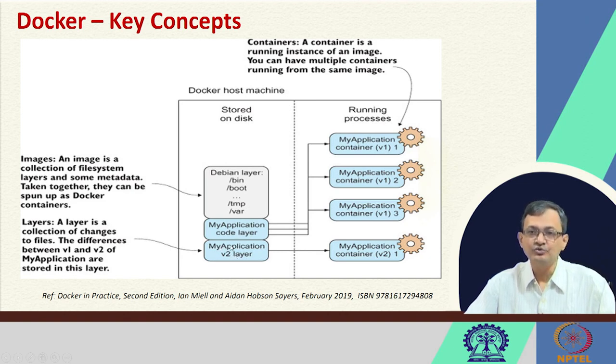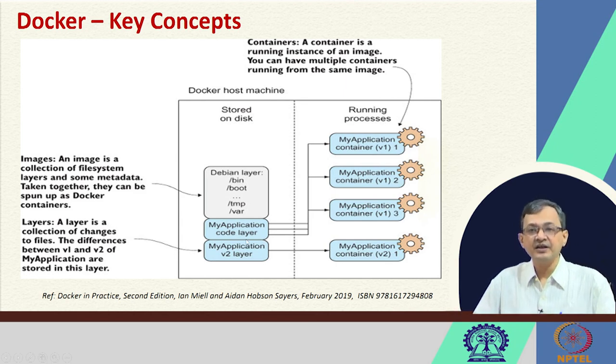An image is a collection of file system layers and some metadata. Taken together, they can be spun into a Docker container. A layer is a collection of changes to files; the difference between V1 and V2 of my application is stored in a layer.